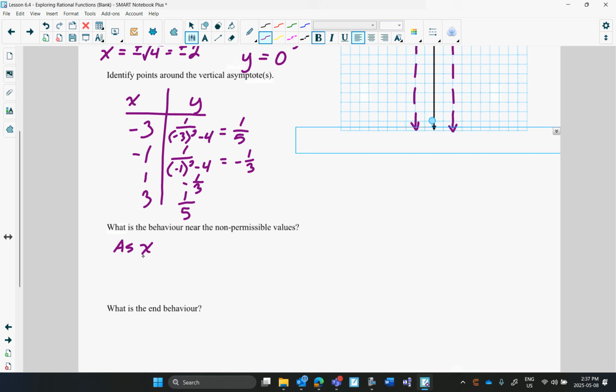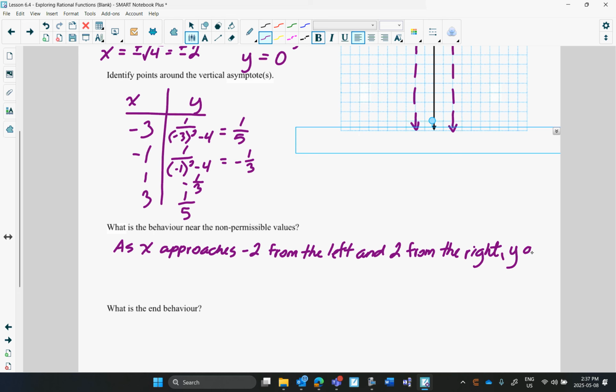As x approaches -2 from the left and +2 from the right, y gets larger.